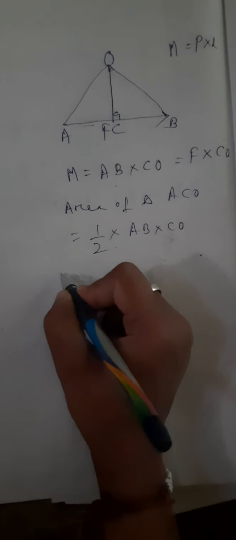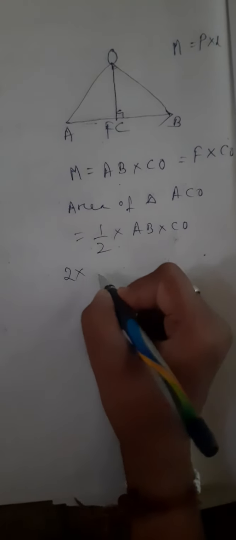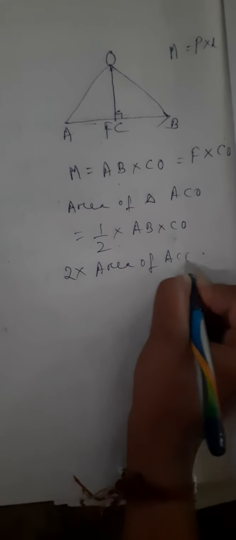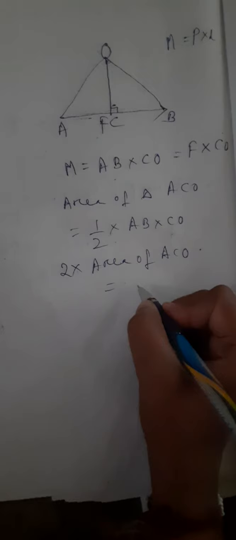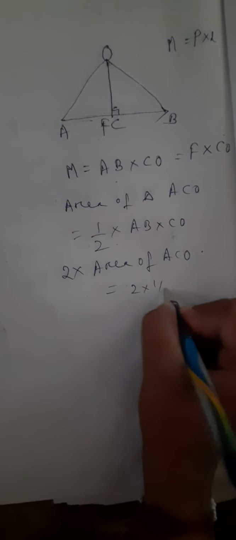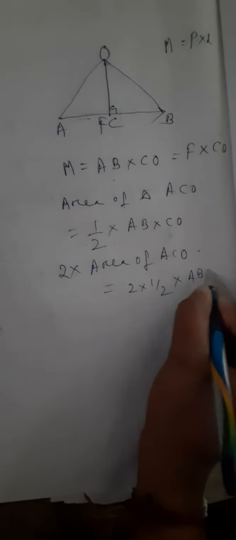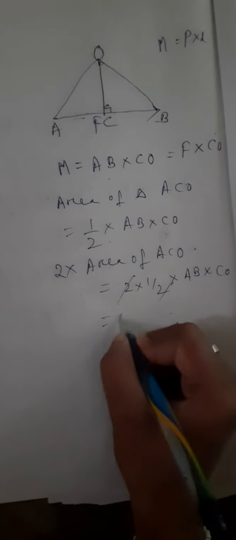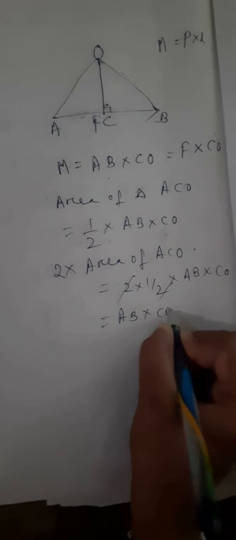And what do we find? The formula for moment is AB into CO. So if we multiply the area by 2, twice the area of ACO equals 2 into half into AB into CO. Here the half and 2 get cancelled, so that is equal to AB into CO. And AB into CO is the moment.